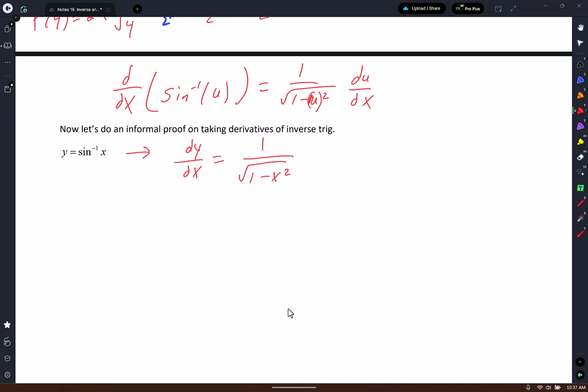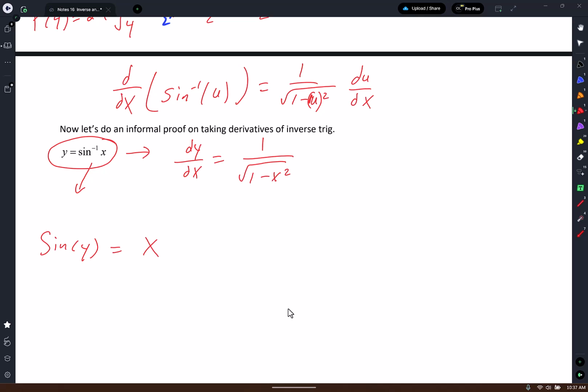Are we okay, guys? Okay, here we go. We don't know this, at least not yet. That's what we're trying to figure out. So let's do some algebra. That's the same expression as saying sine y equals x. I haven't done anything crazy. All right.